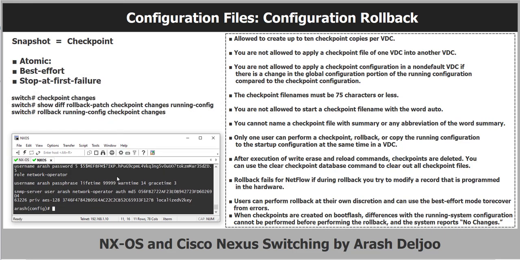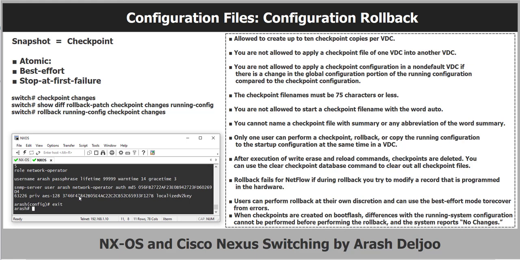But maybe you want to go back to the point that checkpoint change created. Because of that, here you can use rollback. Rollback command and then running config checkpoint change.